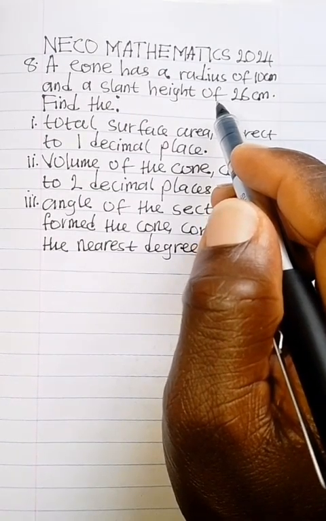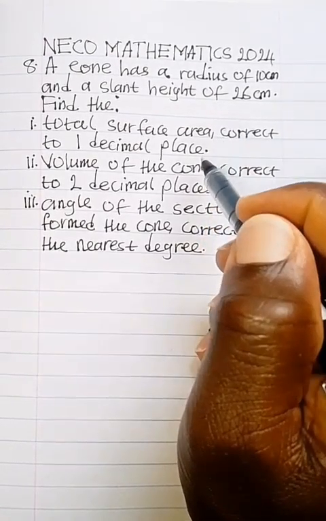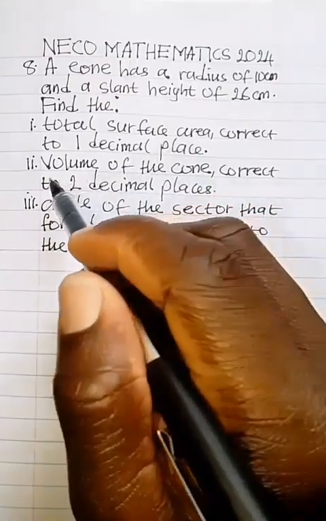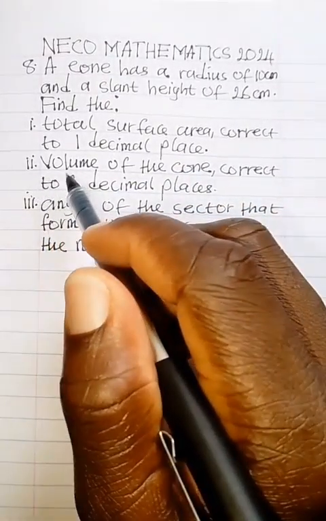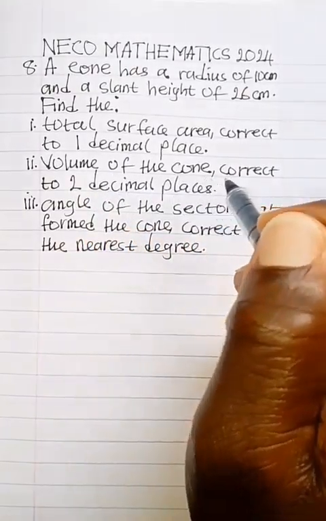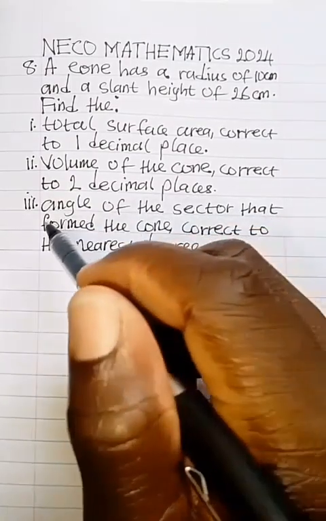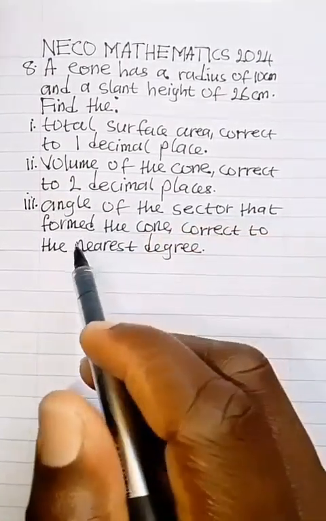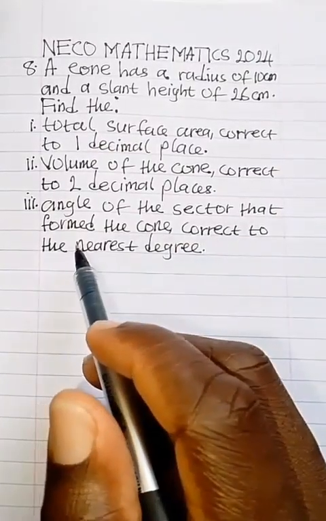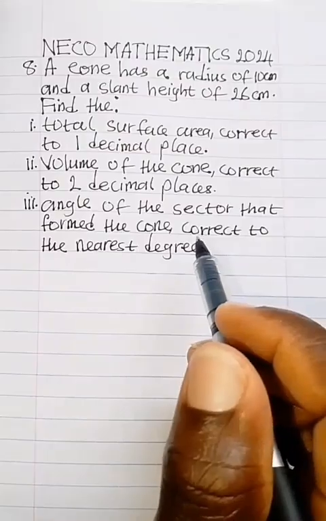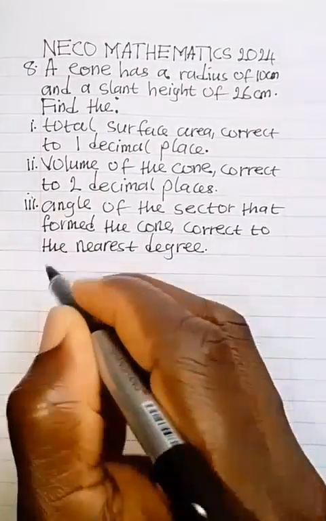Find: (i) the total surface area, correct to 1 decimal place; (ii) the volume of the cone, correct to 2 decimal places; (iii) the angle of the sector that formed the cone, correct to the nearest degree.